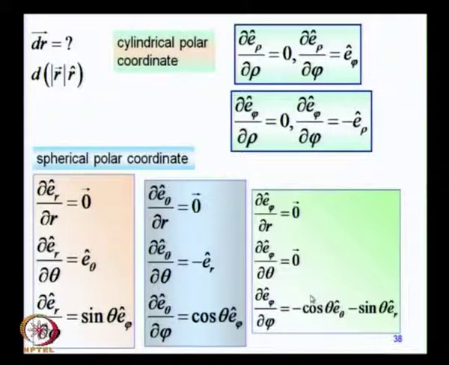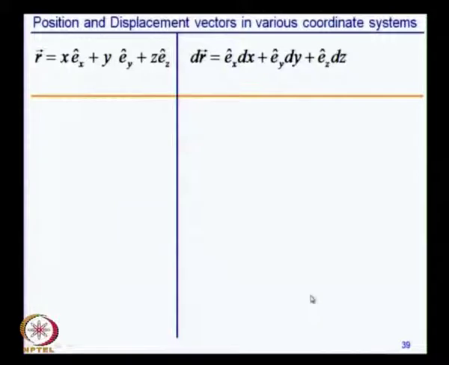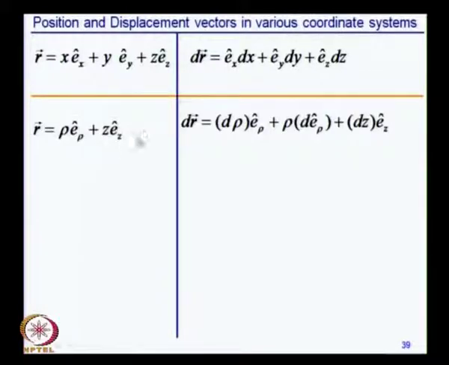So, with these you can write the expression for dr in any coordinate system, okay. So, in the Cartesian you have got a position vector which is x e x plus y e y plus z e z, and dr will be e x dx, and so on, because e x does not change in Cartesian coordinate system. The Cartesian unit vectors are constants, but in cylindrical polar coordinate system the position vector is a sum of this rho e rho plus the z component, right.